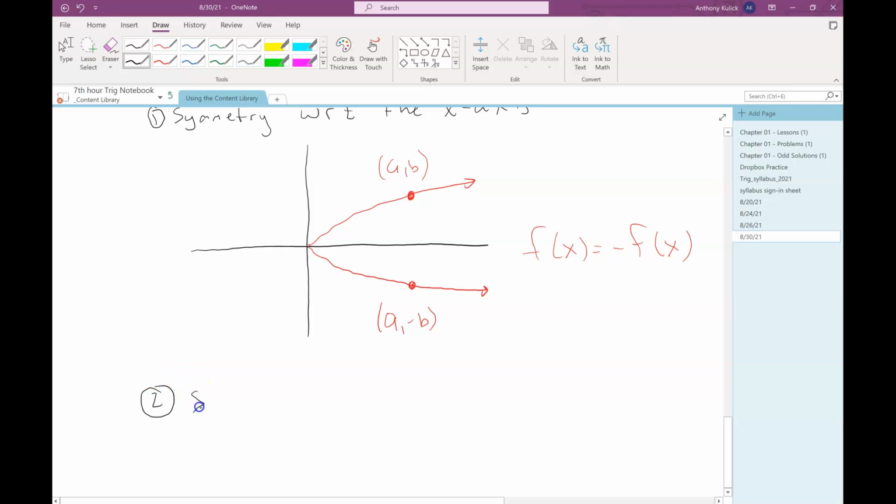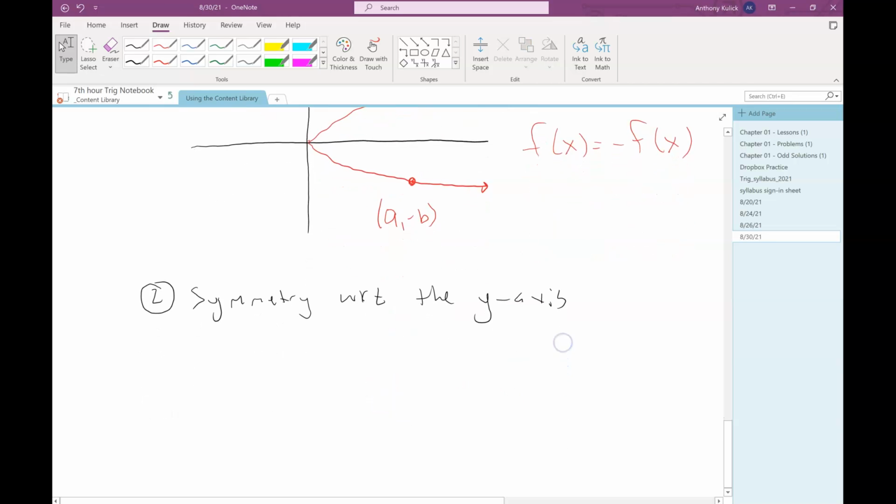The next one is things that have symmetry with respect to the y-axis. And again, WRT is just me abbreviating the phrase with respect to. You don't have to use that abbreviation also, but it's there if you'd like to use it.